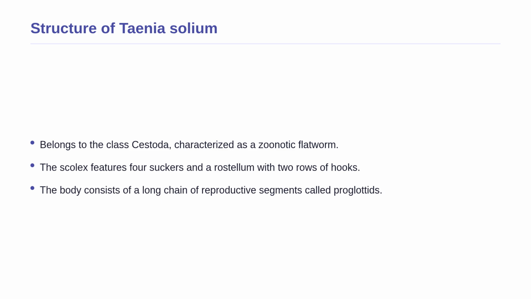This scolex is equipped with 4 powerful suckers and a rostellum armed with 2 rows of sharp hooks. Behind this formidable head trails a long chain of reproductive segments known as proglottids. Each of these segments is essentially an independent reproductive factory capable of producing thousands of eggs to continue the parasite's life cycle.